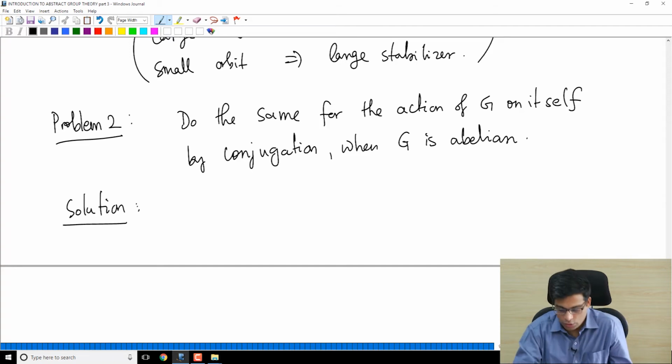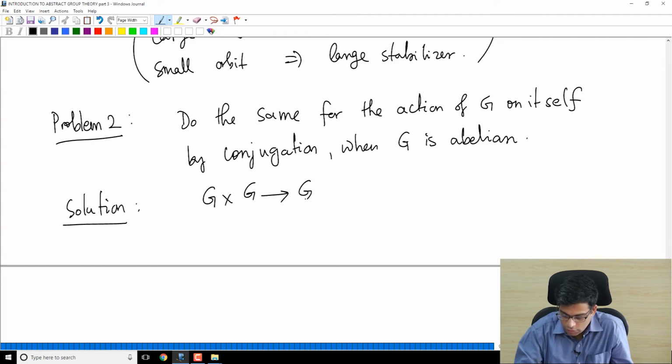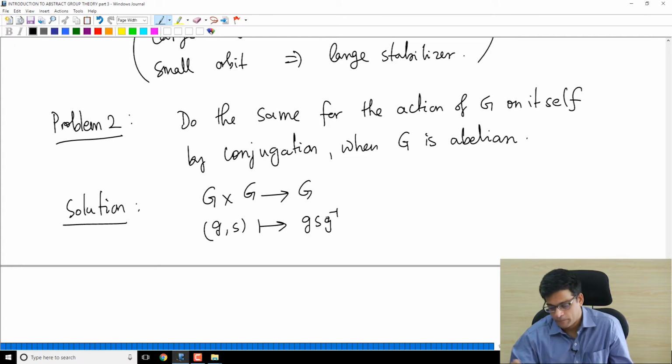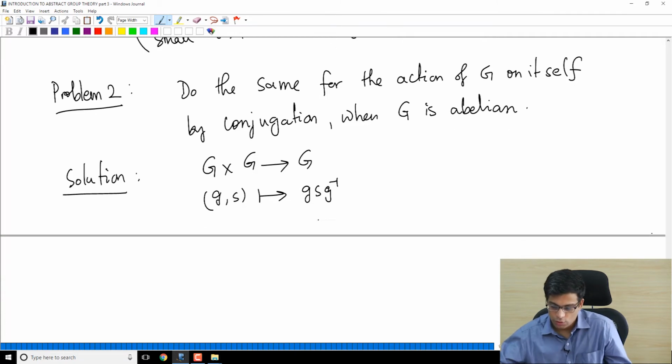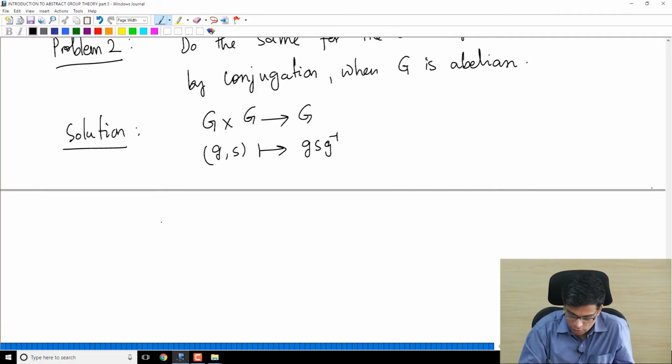What are these? So now remember the action is given by g·s = g s g inverse. That is the action, conjugation action. So what is the orbit of an element? Let us fix s in G. What is the orbit?